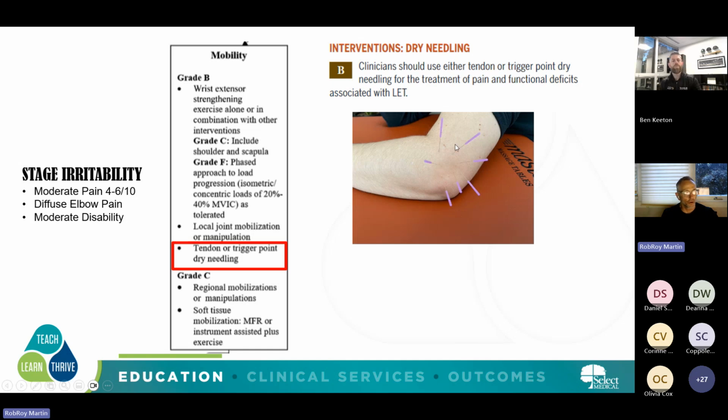And then I would also recommend taking a look and making sure there isn't a central component to the symptoms. Does there need to be treatment to the C5, C6 central component with the dry needling, including upper trap, working the whole dermatome and myotome?